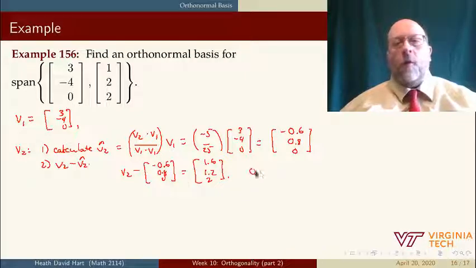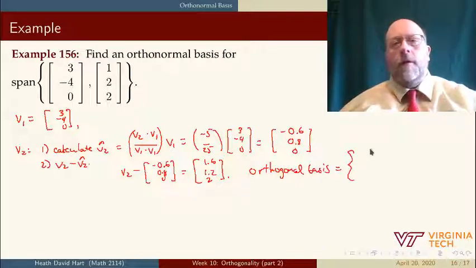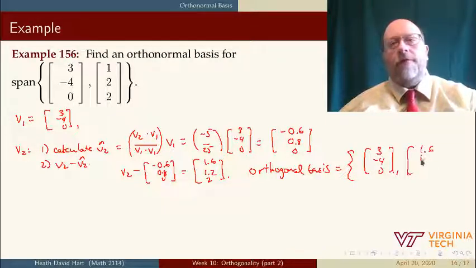And so our orthogonal basis is 3, negative 4, 0, and 1.6, 1.2, and 2.